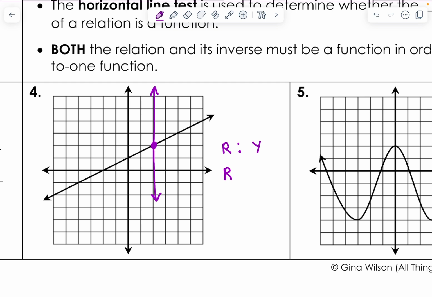If we think about the inverse of r, the inverse of this function, in order to determine if the inverse of this graph is a function, we have to use the horizontal line test. In order to use the horizontal line test, I'm going to go ahead and draw a horizontal line now.